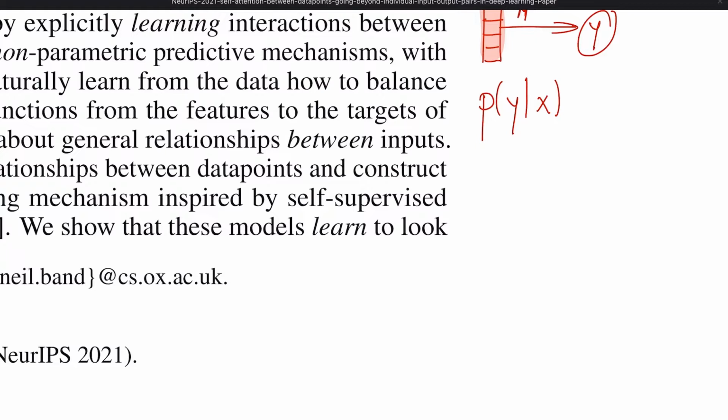Now, what they want to introduce here is a type of model which can predict, let's say, a classification based on the input as well as the whole data set.